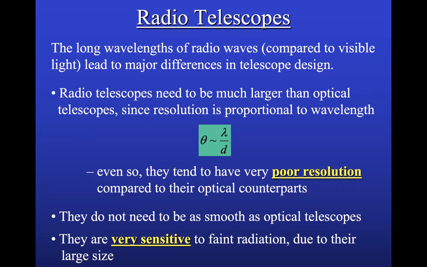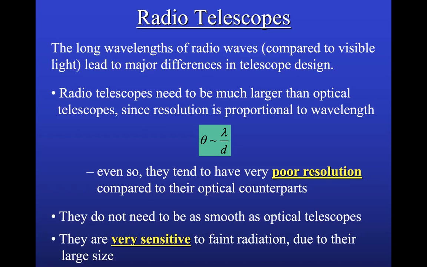That is because of this equation, you can see the resolution is roughly equal to lambda over d. Now lambda is very large. In order to make this diffraction limit smaller, you need to make d even larger, because otherwise you will have very poor resolution in radio telescopes, since lambda itself is larger.